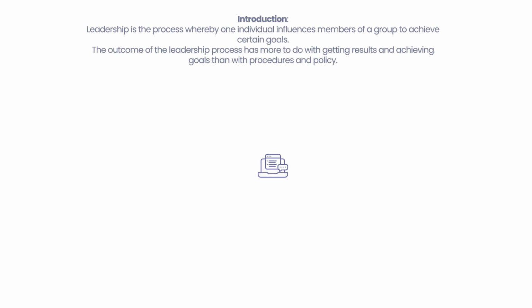Introduction. Leadership is the process whereby one individual influences members of a group to achieve certain goals. So in this definition, what is most important is this concept. Firstly, we are talking about an individual who influences members.